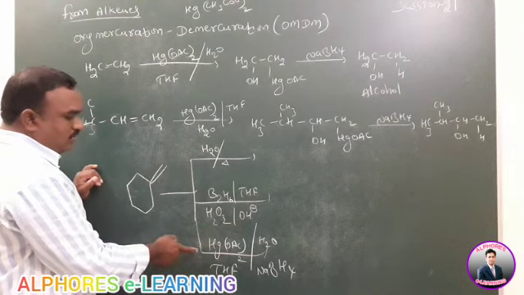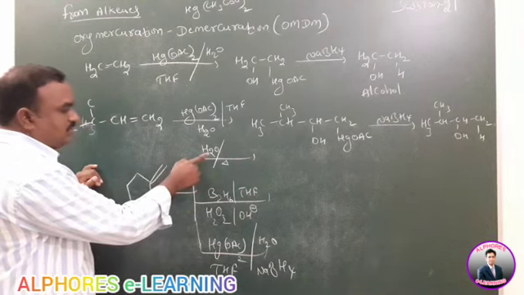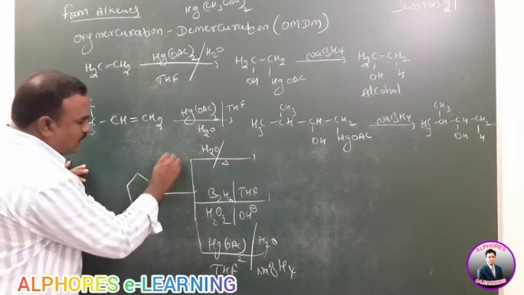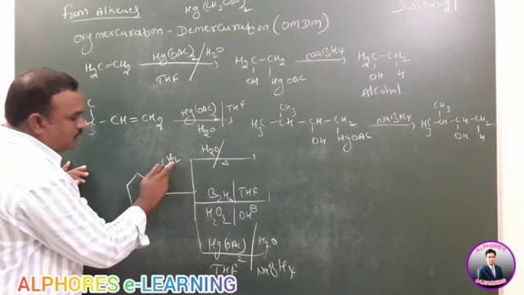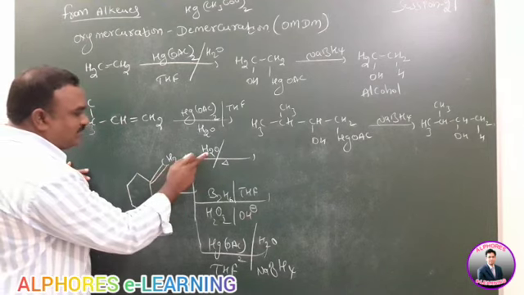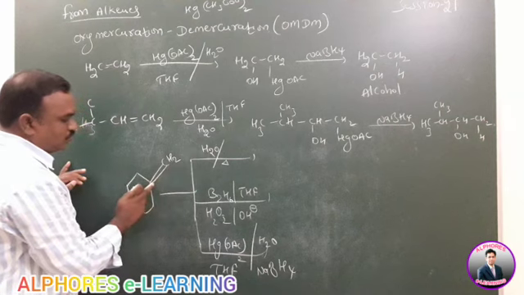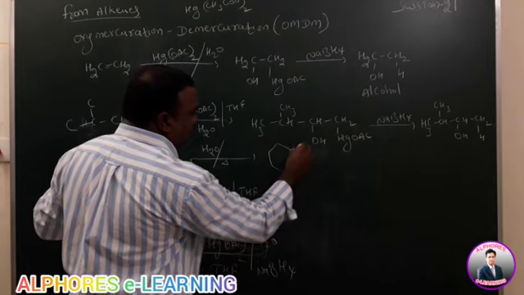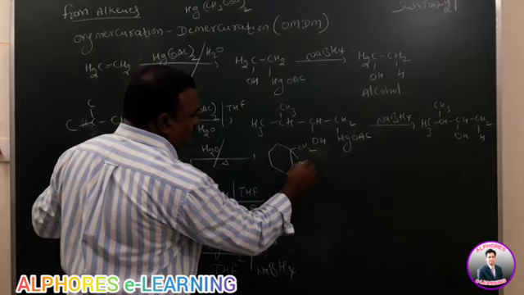So you remember, here H2O is given, means H plus and OH minus. According to the Markovnikov rule, the carbon having the greater number of hydrogens is 2, here no hydrogen. According to that concept, the nucleophile is added to the more substituted carbon. Here CH2OH.